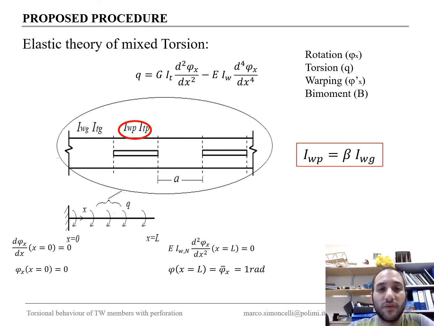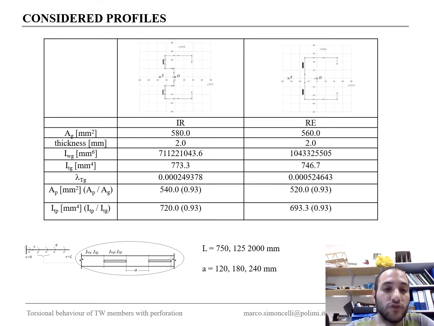So we can estimate the gross and say the perforated can range from 0 to 1 times the gross, so it cannot be greater; 1 is the limit of beta, and it can start from almost 0. Of course, 0 is not a real case, but conceptually it can also be 0.